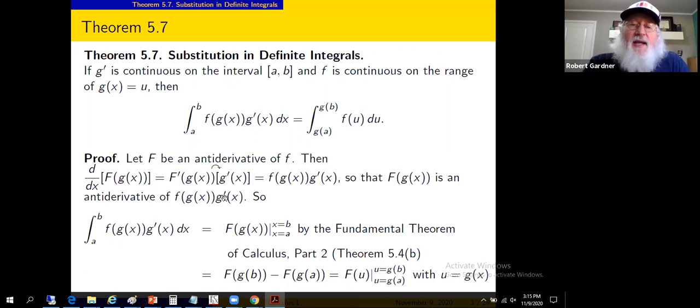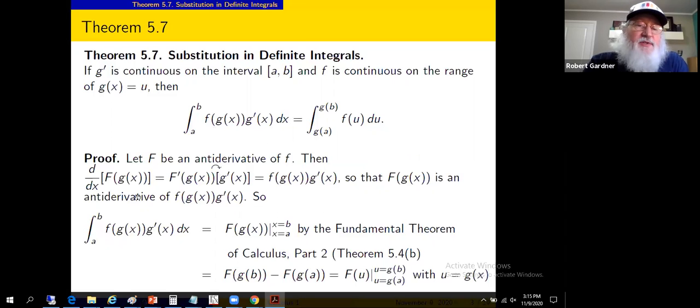That's what it means to be an antiderivative. Differentiate it, and you get the function f itself back. So we can replace F prime with f, and this produces f(g(x)) g'(x), which rings a bell. That's the integrand on the left.